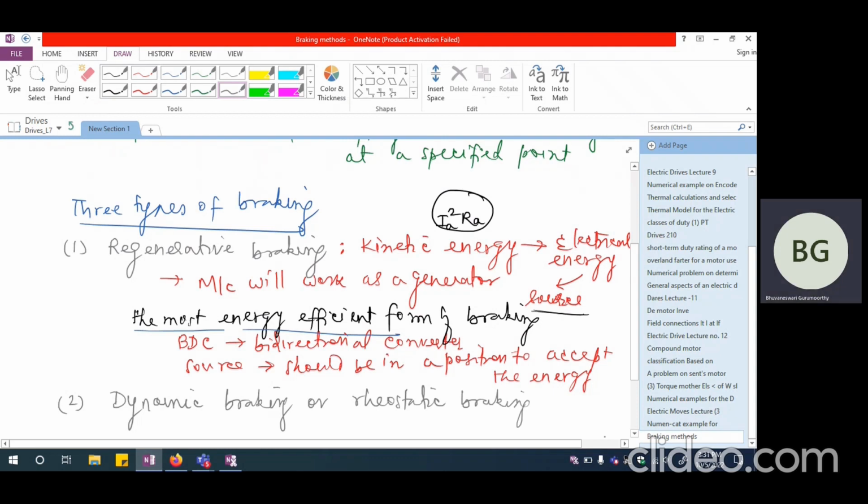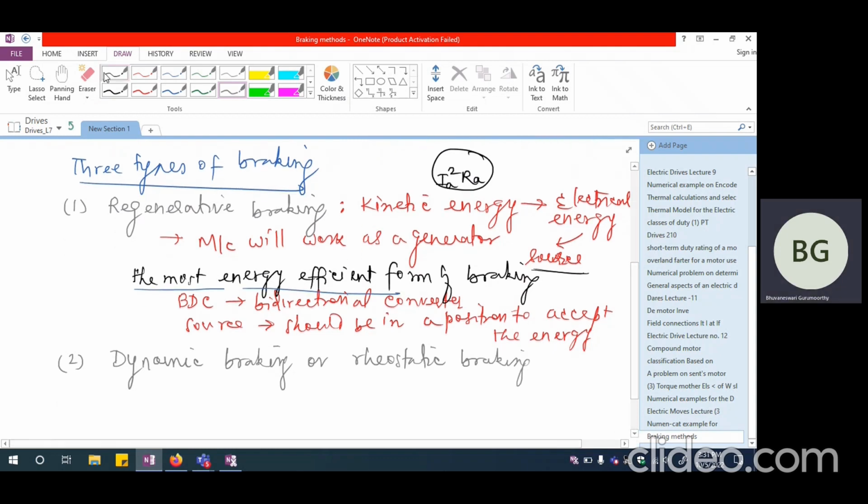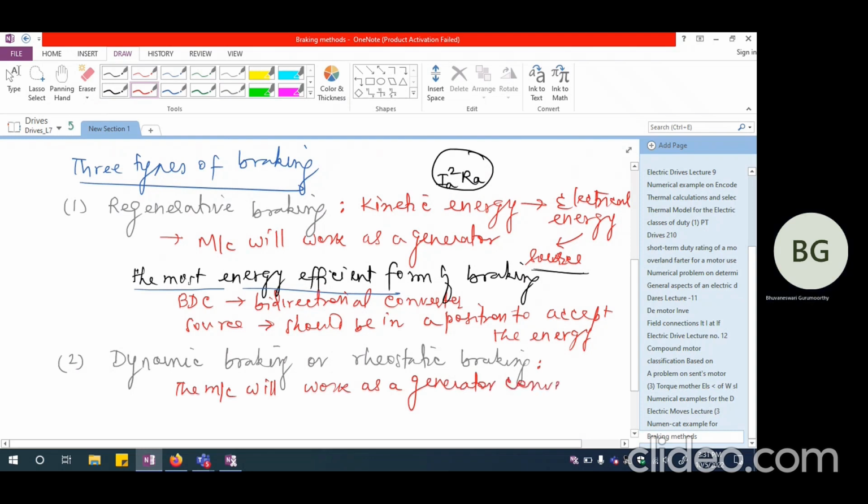In dynamic braking or rheostatic braking, again the machine will work as a generator, converting the kinetic energy into electrical energy.